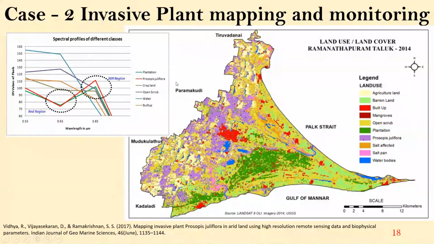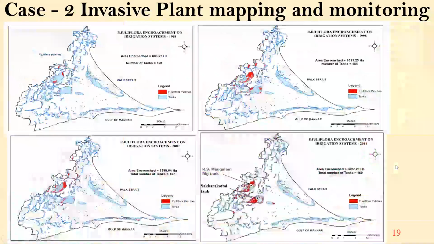Based on this spectral property and applying a machine learning technique like support vector machine, we were able to classify the different vegetation in this region and accurately map Prosopis juliflora. And here you are seeing the expansion of Prosopis juliflora and its encroachment in cascading tank irrigation systems of Ramanathapuram Taluk.